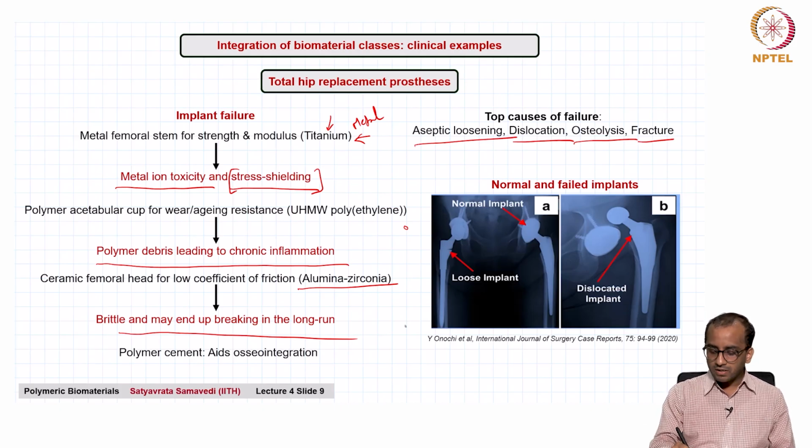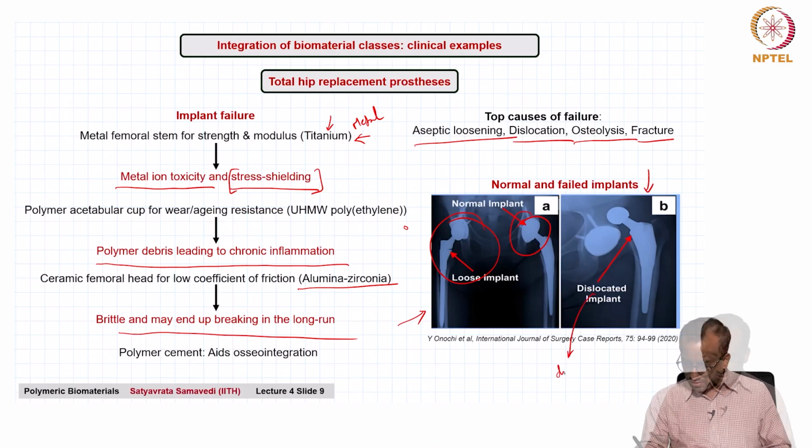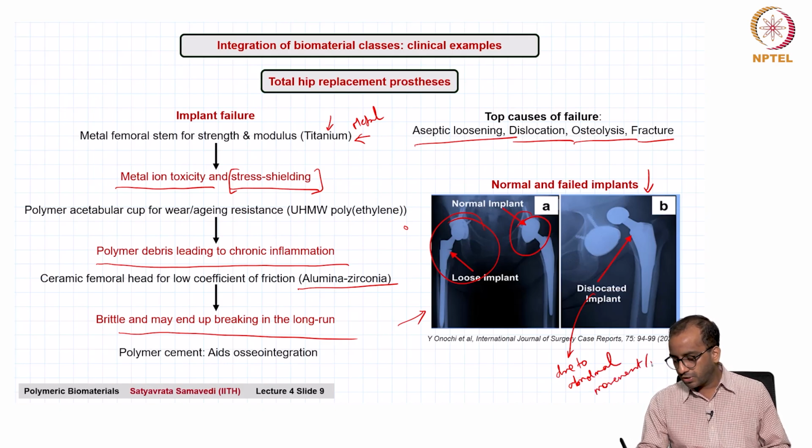So what you're seeing here on the left are two images, where this one is a normal implant and this one has a loosened implant. This is what we would call aseptic loosening. On the right, you see a more extreme case, which is a dislocated implant due to abnormal movement or injury.